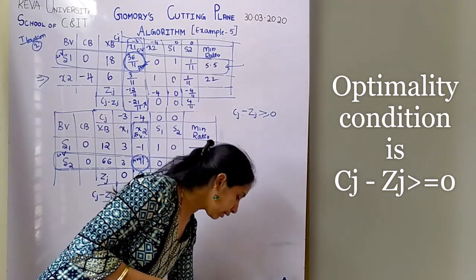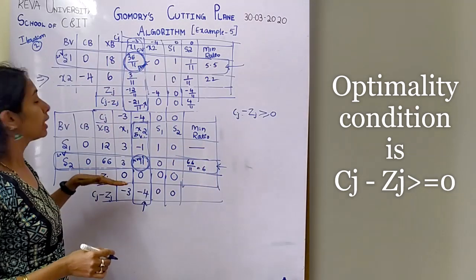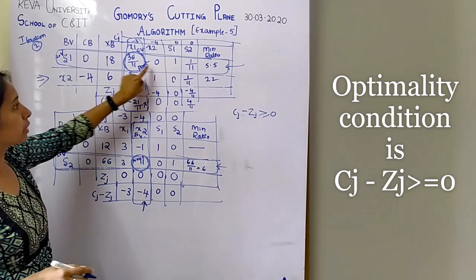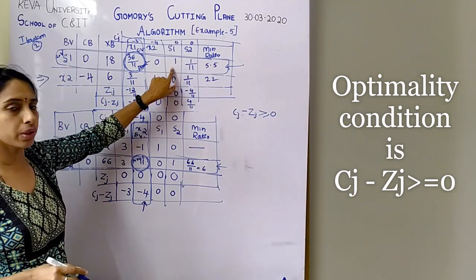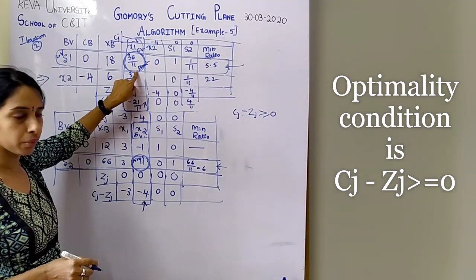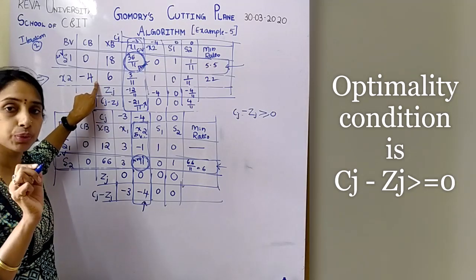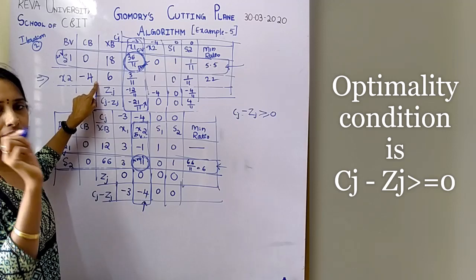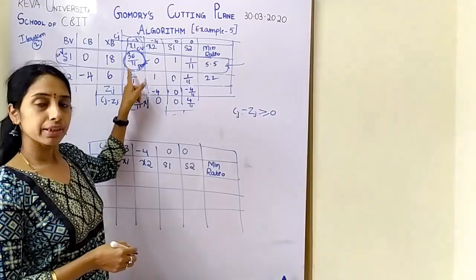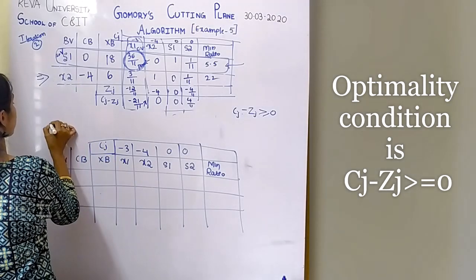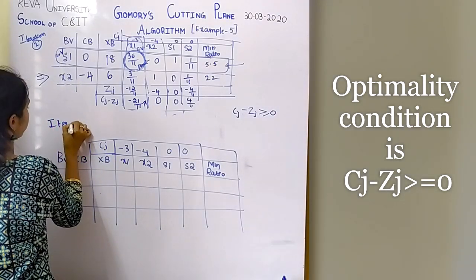So next we have to move to iteration number 3. Now how will you find out the values for the new row? Old value divided by pivot. The remaining values are old value minus new value into value in the entering column. So this is iteration number 3.